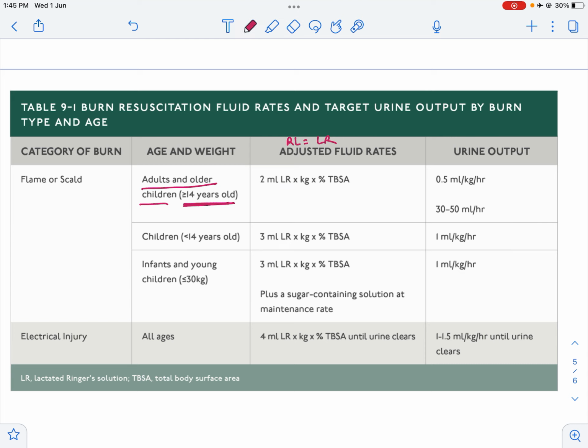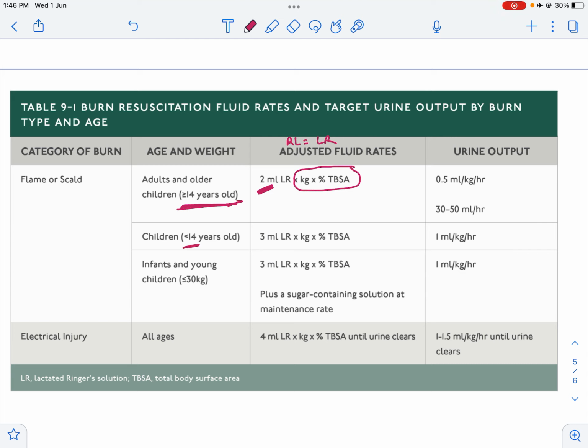So in age more than 14 years old, the formula is 2 into weight in kgs into percentage of burns. So here again, this weight in kg and percentage area of burns is constant. This factor has changed. So in more than 14 years, the factor is 2.